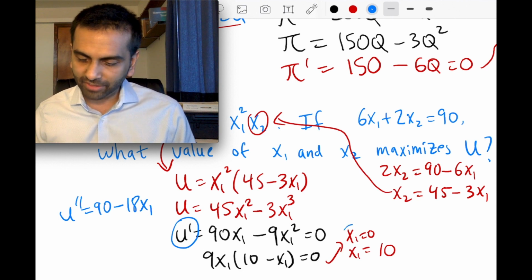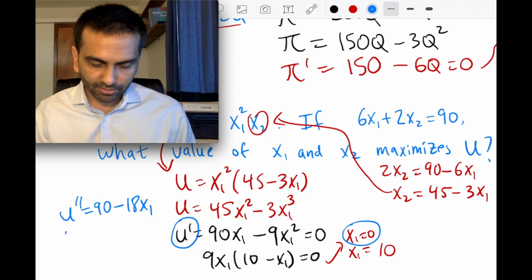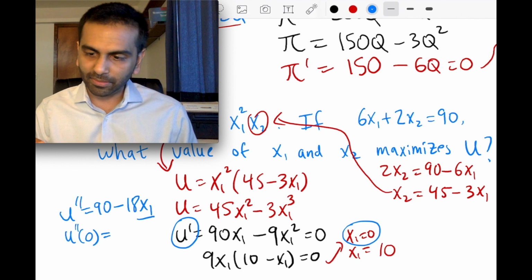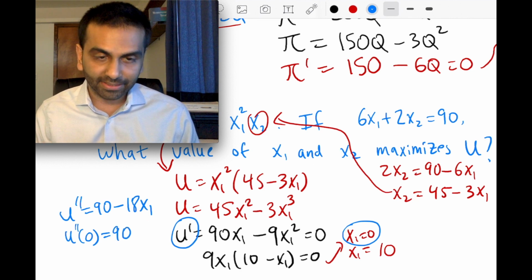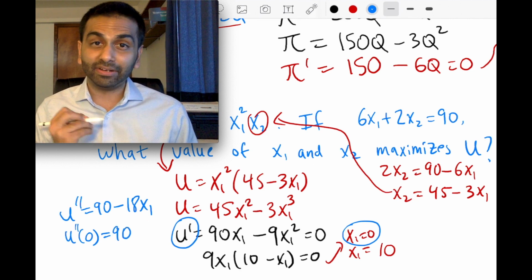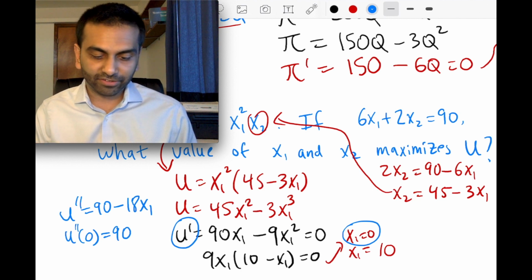So if x1 is 0, the u double prime of 0 is 90 minus 0, so that's 90. And if the second derivative is positive, that means your function's concave up, which means that the original function is at a minimum if you're at a critical point, right?